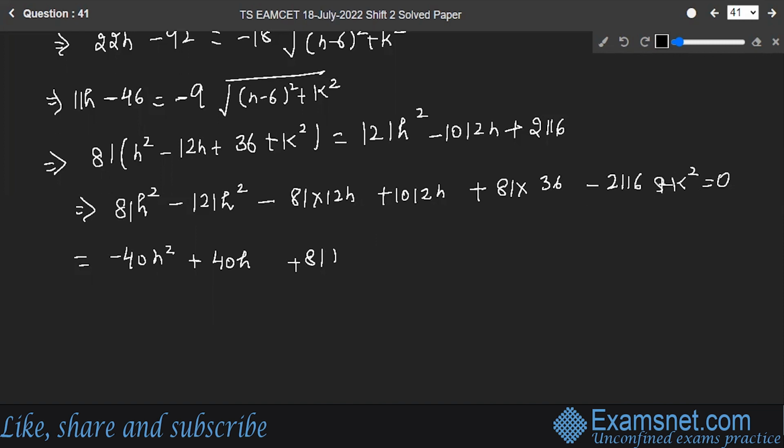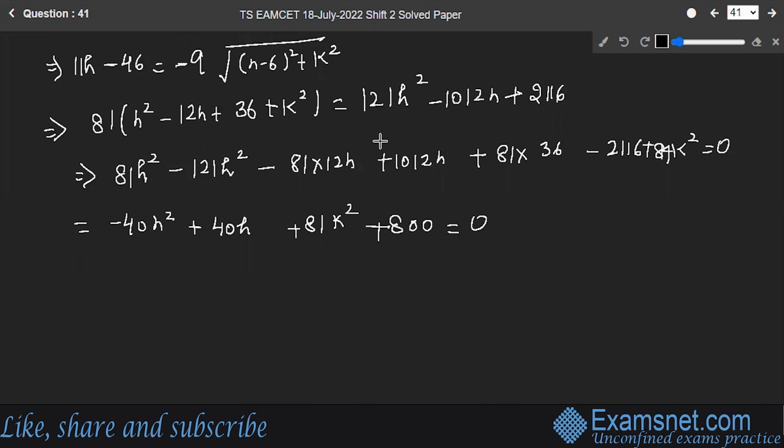So on solving this, you will get minus 40h square plus 40h plus 81k square, I missed the 81k square, and plus 800 is equal to 0. I missed writing one thing, minus 2116, okay, fine, I've written it. So this thing will come out to be plus 800.